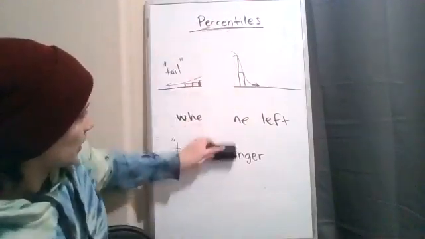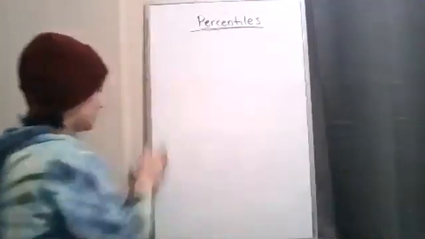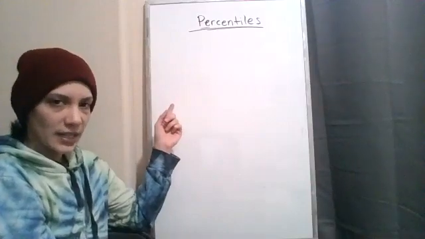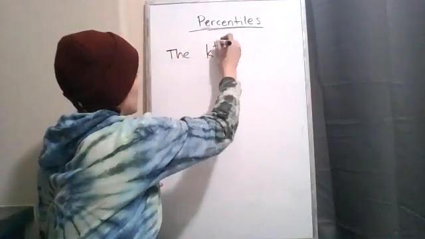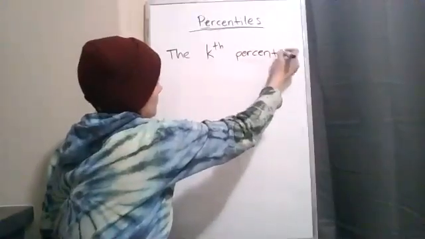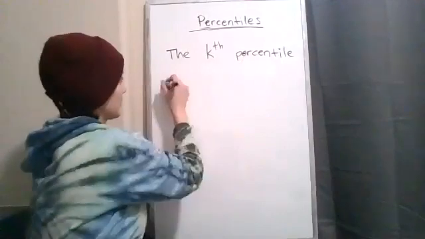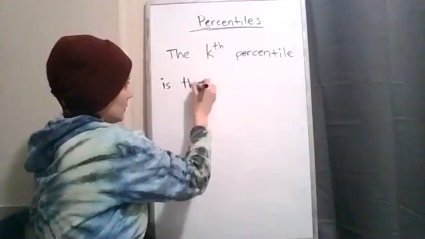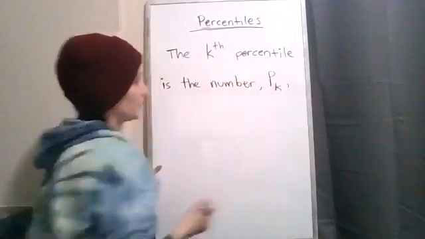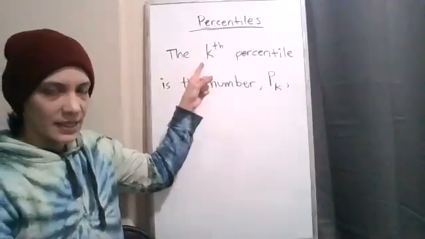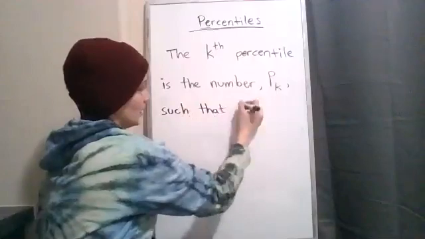So start off fresh board. The kth percentile is a number we're going to call p sub k, such that k% of the data is less than or equal to this number.